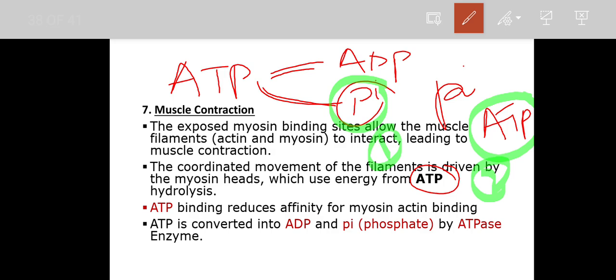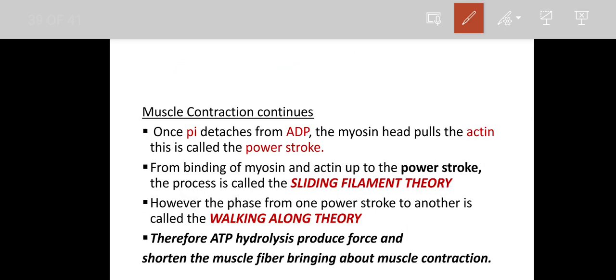Meaning, when this ATP binds to the myosin head, understand me clearly, it creates that detachment between the myosin and actin. This is what we mean. ATP is converted into ADP and phosphate by ATPase enzyme.